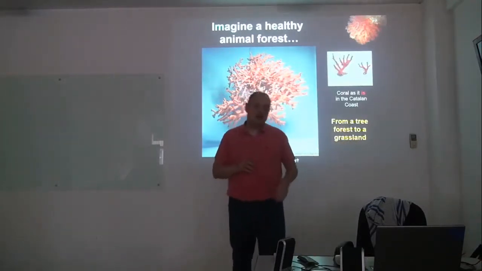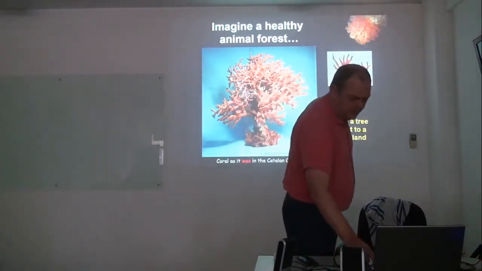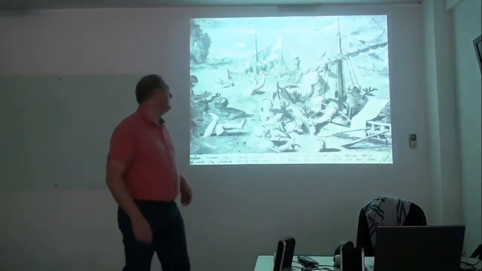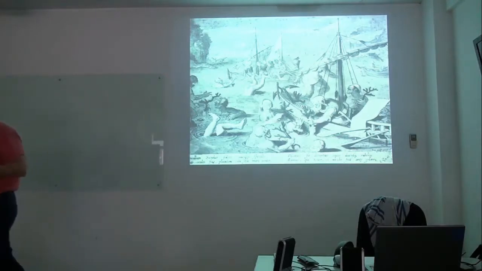And this is only one example, but I will give you a few more. Look at this. This picture was taken in the 18th century. This drawing is from the 18th century. It's about coral too. It's about the coral that I was talking about just a few minutes ago. What do you see here?